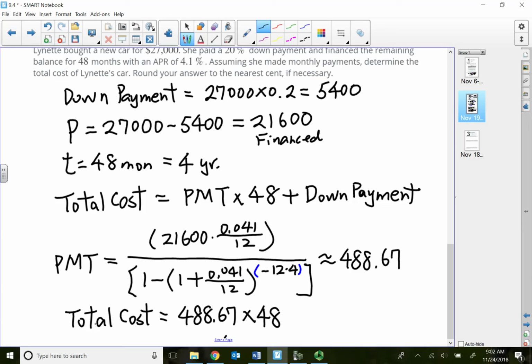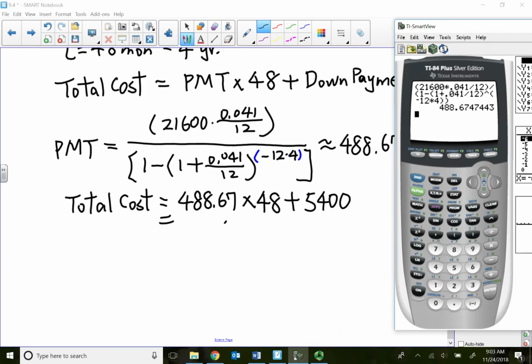But as far as the total amount of money she actually spent on the car, we need to add back the down payment, $5,400. Let me do this in 2 separate steps for you. 488.67 times 48 months, once a month for 48 months.